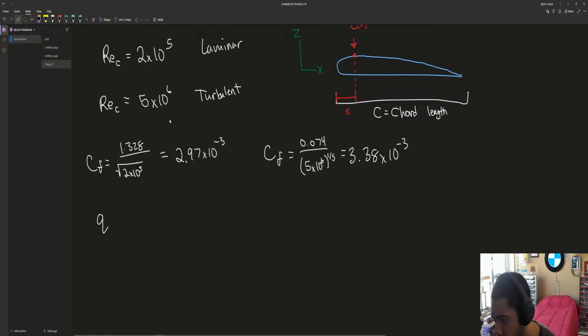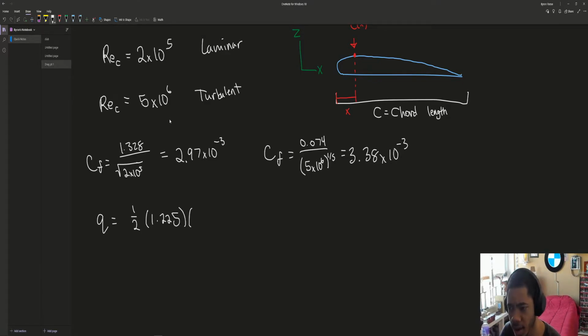Now we're just going to say that q, for the sake of this, equals 1/2 rho V squared. We'll say we're at sea level, so density is going to be 1.225. And we'll say that this plane is moving at 120 meters per second. We'll square that. We get 0.5 times 1.225 times 120 squared, which is about 8,820.